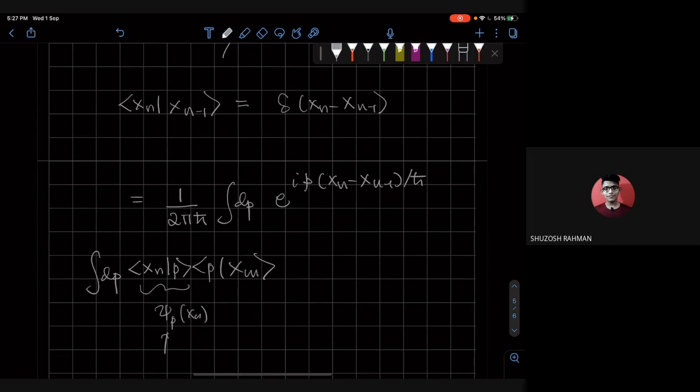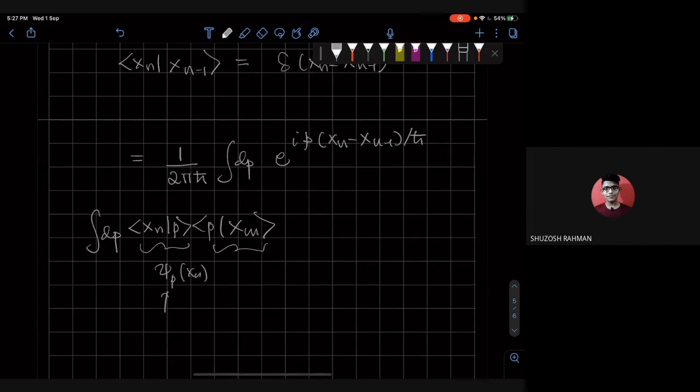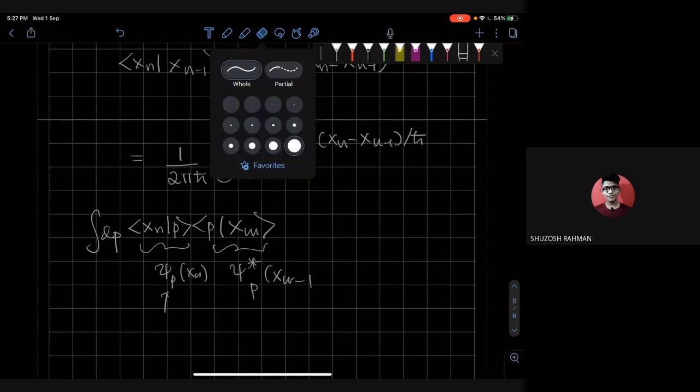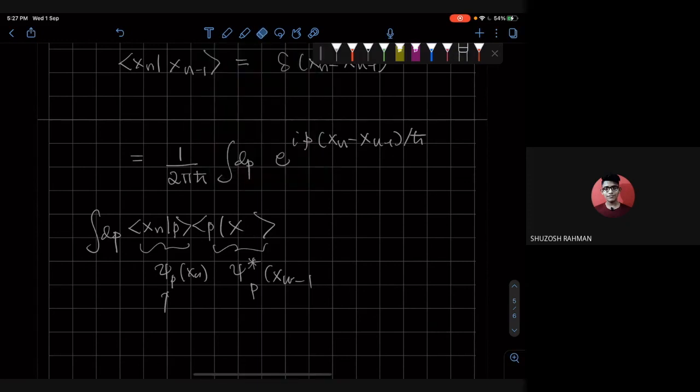Where this is the momentum eigenstate. And this is nothing but the complex conjugate of psi of p at x n minus 1. So this should be n minus 1, right? And this we know to be an exponential, and therefore we can write it as this, okay?